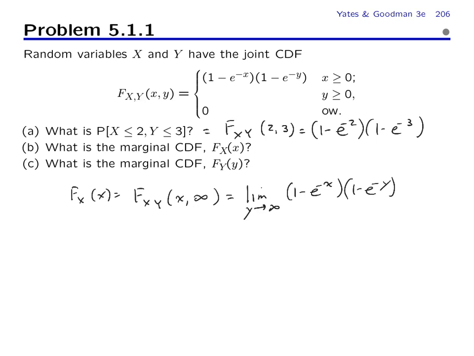The key thing to remember is that as y goes to infinity, the limiting value of e to the minus y is 0. And so this expression is going to 1. So in fact, this is equal to 1 minus e to the minus x. So this is the correct expression for all x greater than or equal to 0.